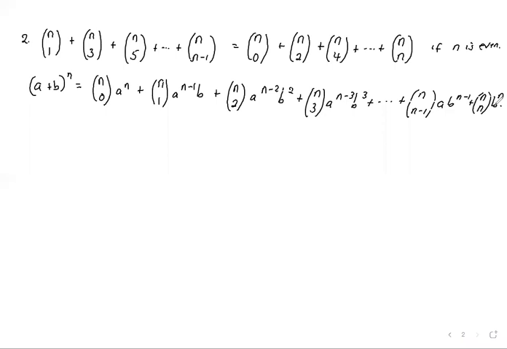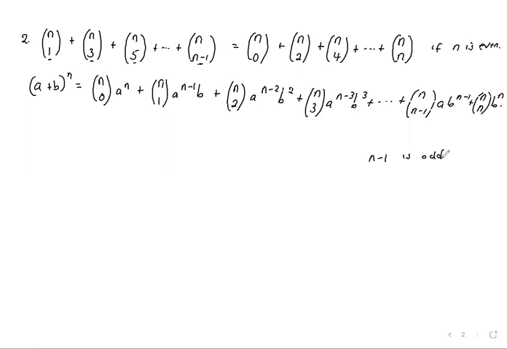That's the expansion. Okay, if this is the binomial theorem, and we are told n is even, and we have the odd-numbered coefficients down here on their own, because if n is even, then n minus 1 is odd.